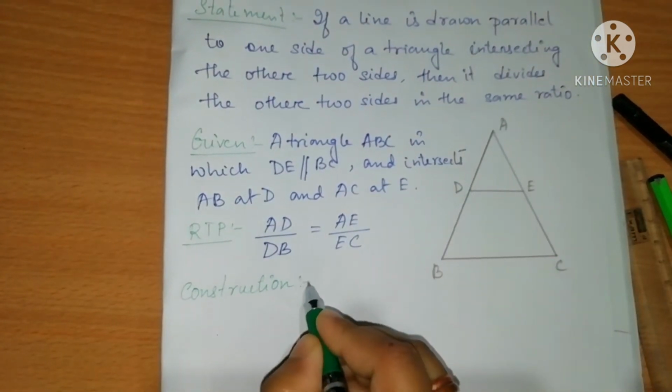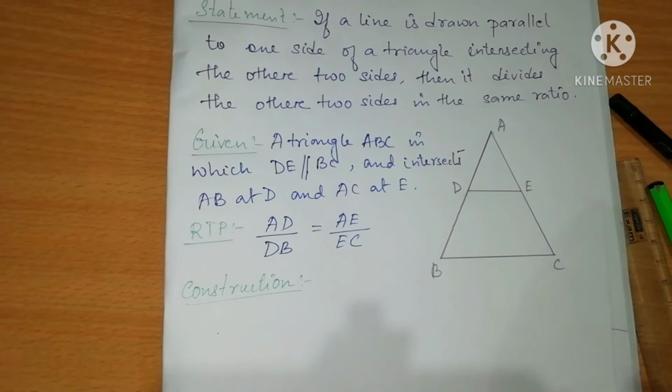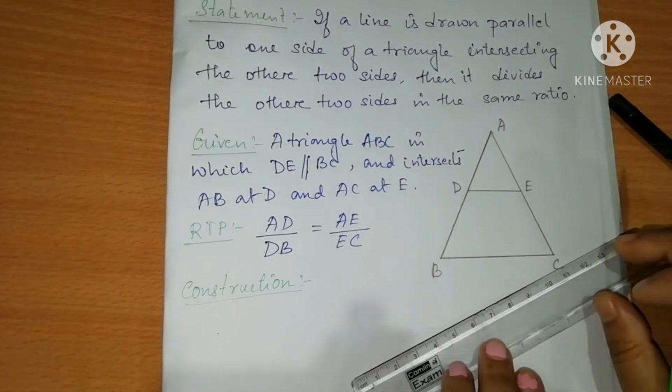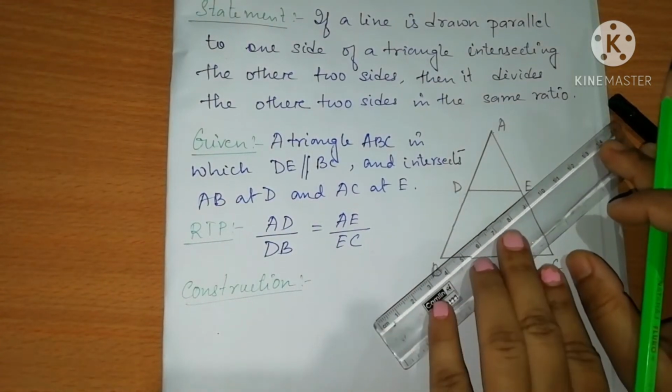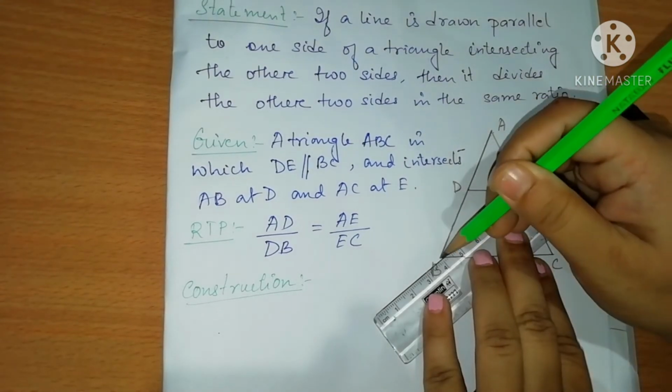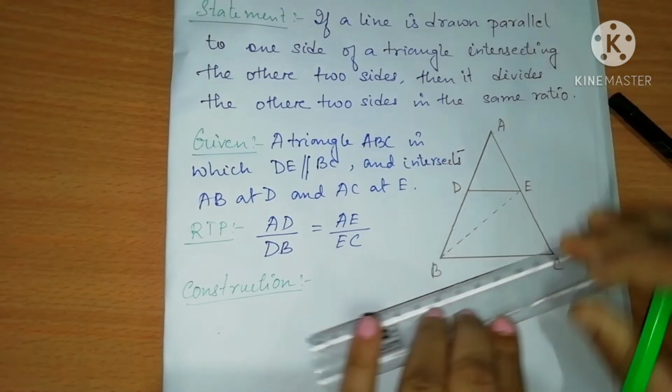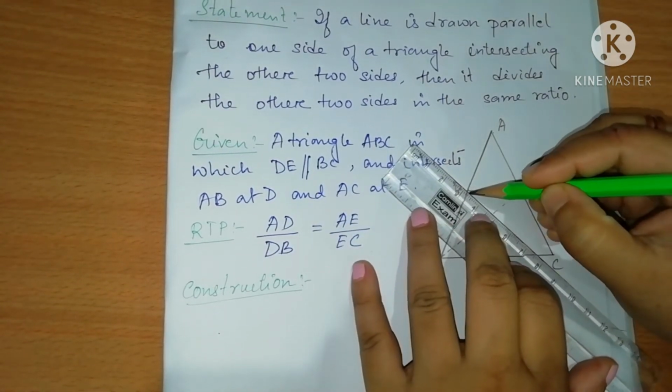So the construction we are going to do: we'll join BE and we'll join DC.